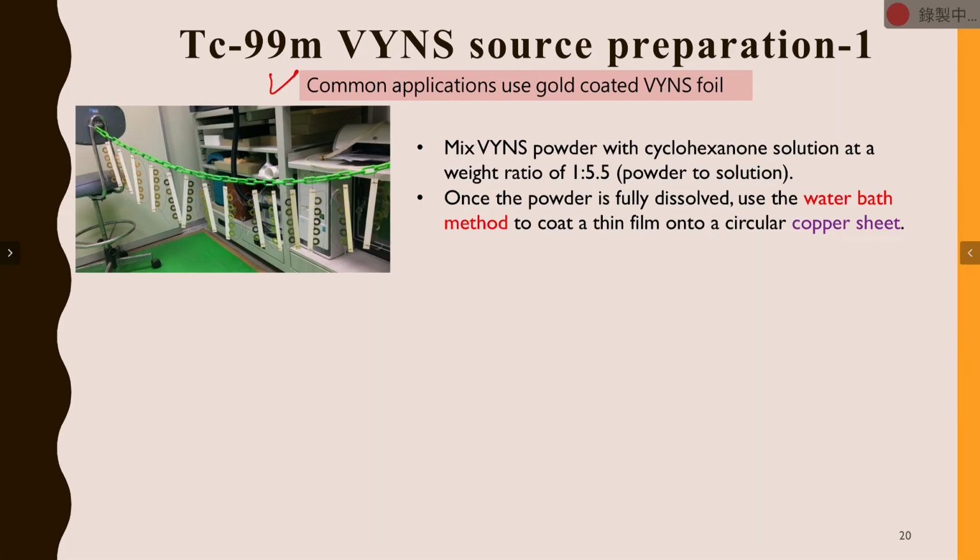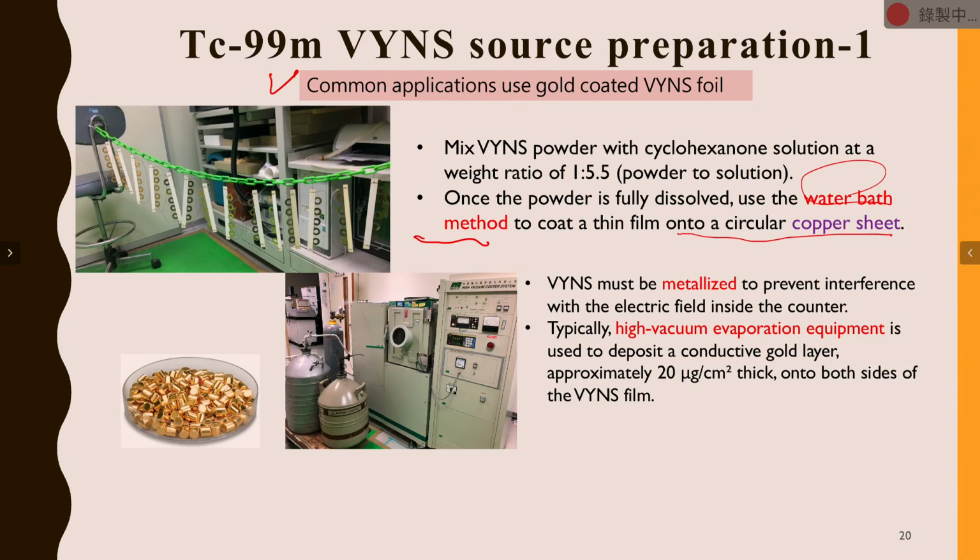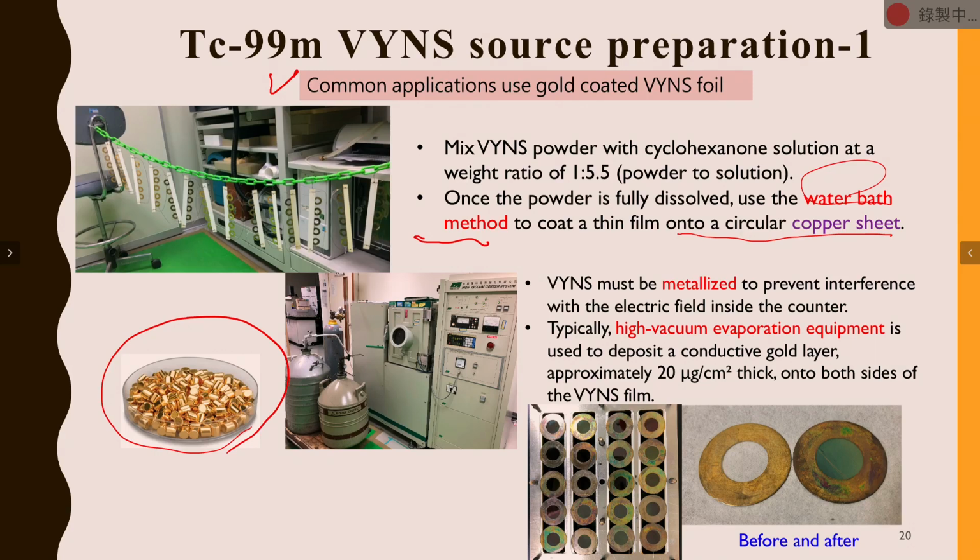Then we use the water-based method to coat a thin film onto a circular copper sheet. Second, the VYNS must be metallized by using gold to prevent interference with the electric field inside the counter. We can see the difference between before and after metallizing. And we can see after metallizing, the color is blue.